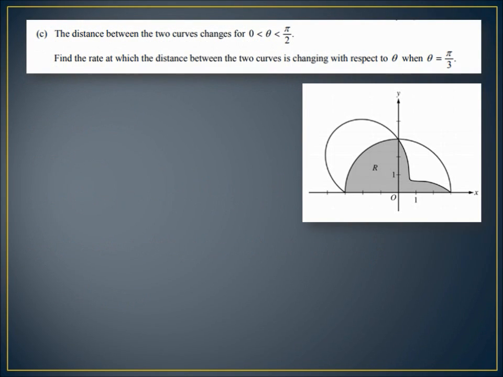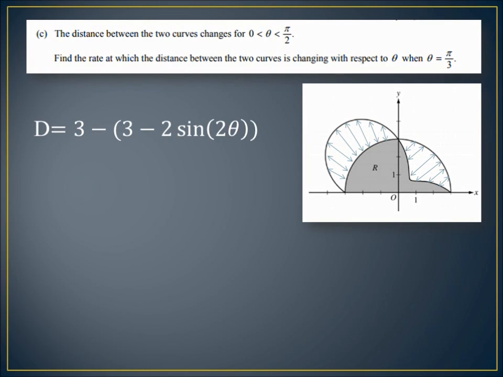Now part C, the distance between the two curves changes for 0 less than theta less than pi over 2. Find the rate at which the distance between the two curves is changing with respect to theta when theta equals pi over 3. Now the distance between the curves is changing, and the distance can be shown right here. And the equation for distance is just subtracting the two curves.